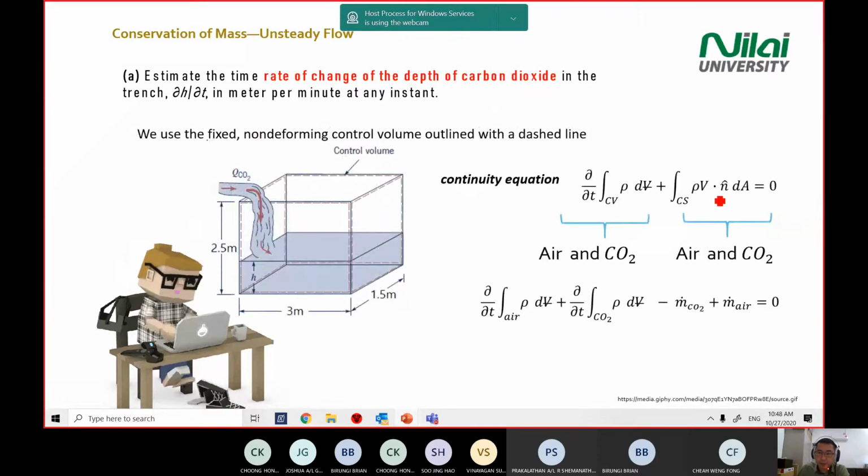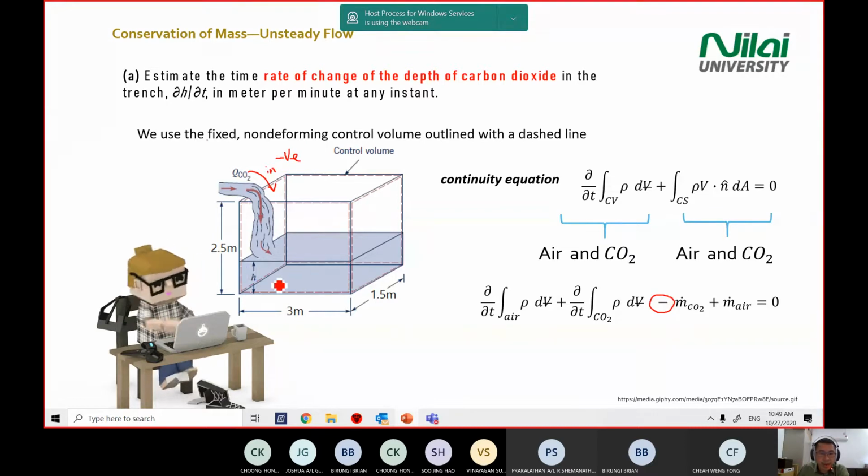All right. Then for the m dot component, the control surface component, we have negative m dot CO2. Why negative? Because CO2 goes into the control surface. In means negative.